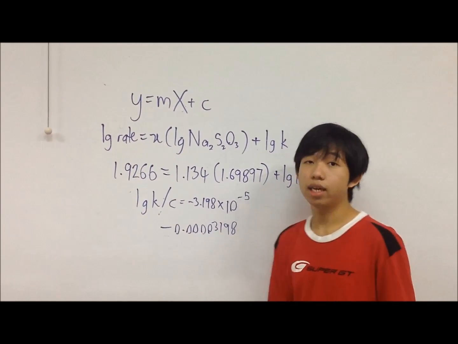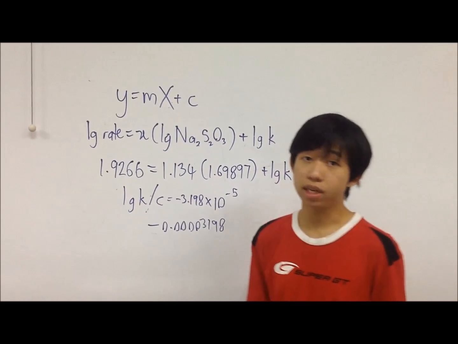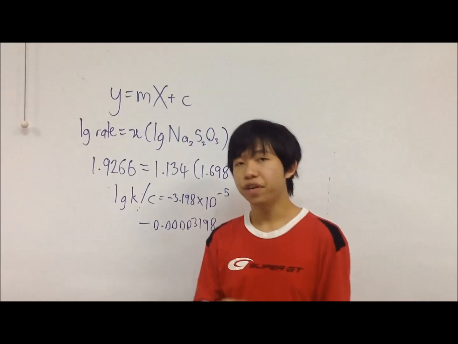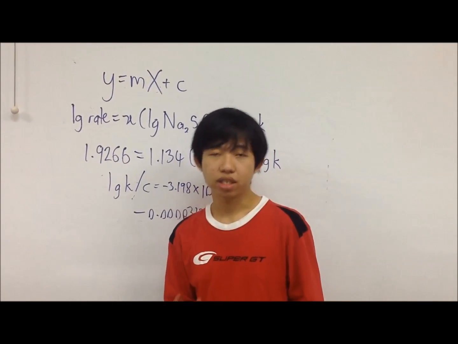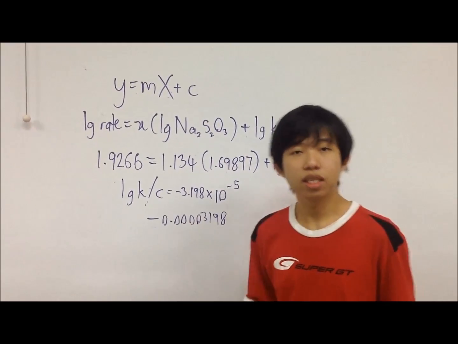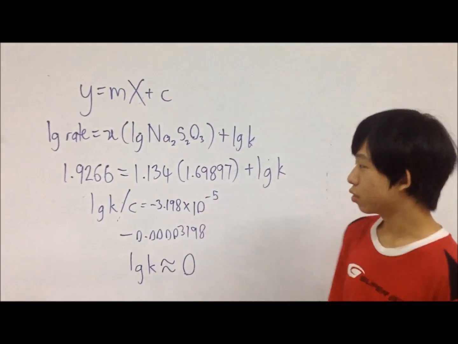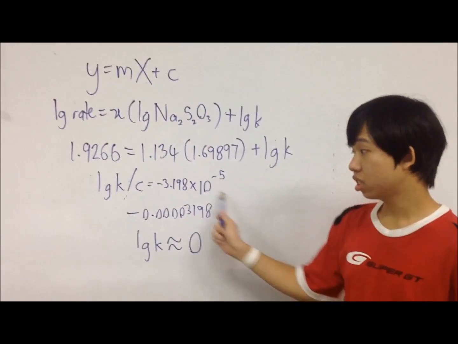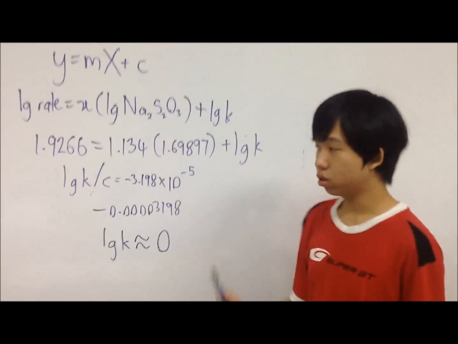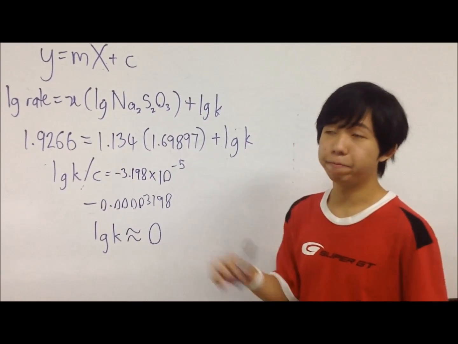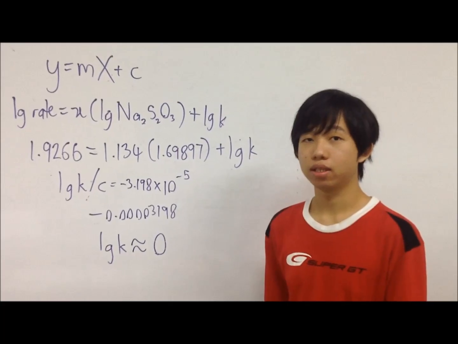So I would say we can assume it's negligible because it has very little effect on the results. Therefore we can just, in layman's terms, dump it. Based on our results of log k, you can see that the value is so small, so we can assume it's close to 0 and ignore it.